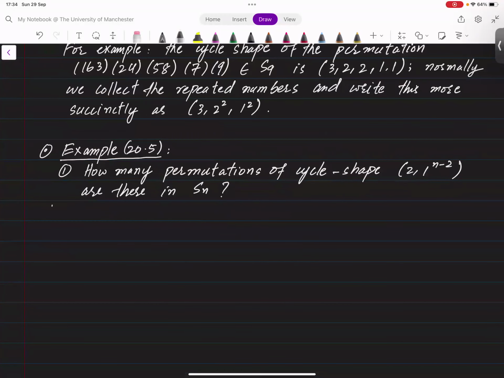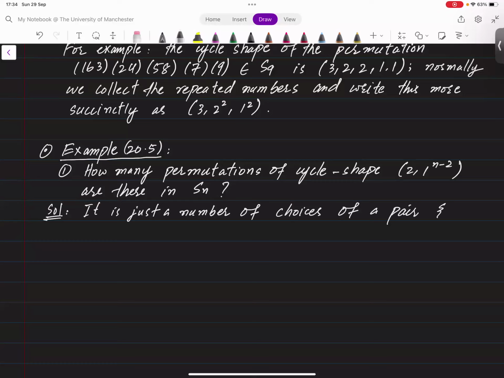To answer this, now this is easy. It is just the number of choices of a pair i comma j to make a 2 cycle, which is n choose 2.